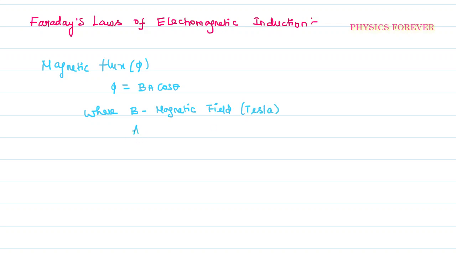Next, A is the area, so the unit of area is meter square. Theta is the angle between B and the area vector.